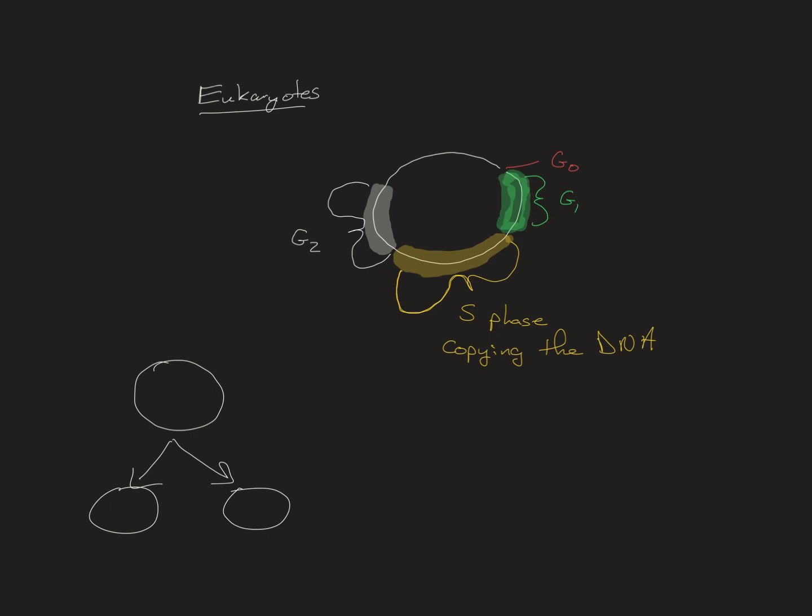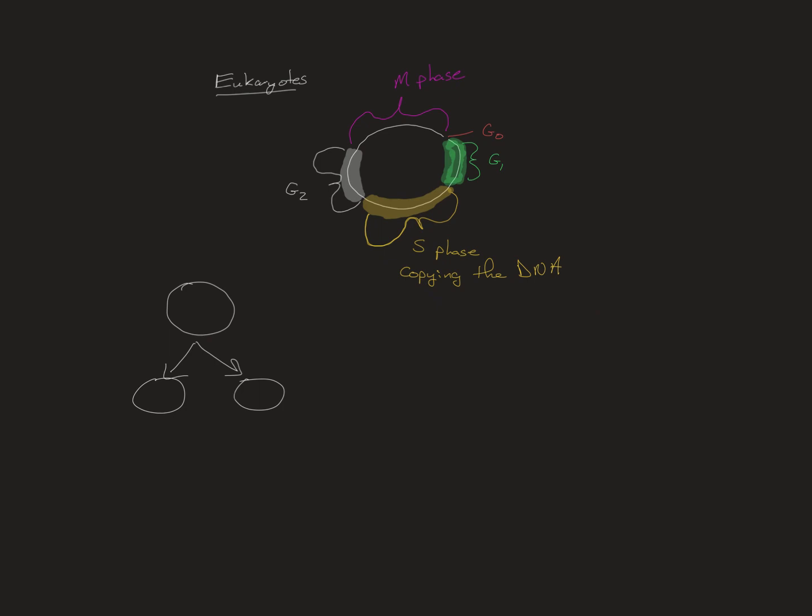And then in G2, you're making sure you got everything ready to go. Everything's packaged. The only thing left to do now is to divide the nucleus. You have to divide the nucleus before you divide the cell in a eukaryote. So in a eukaryote, this is called the M phase. That's where previously we looked at mitosis, which is what this is.